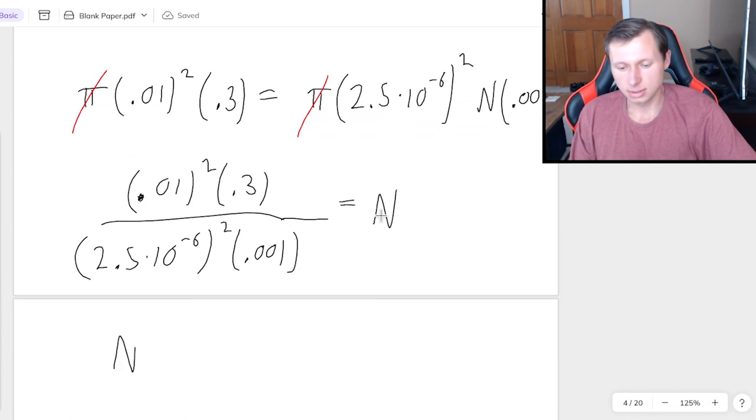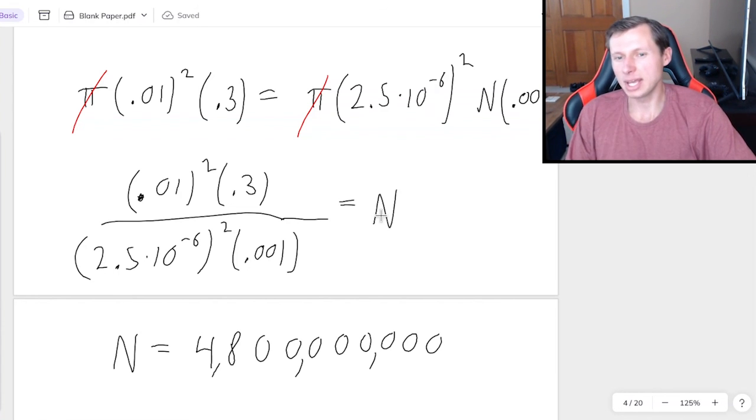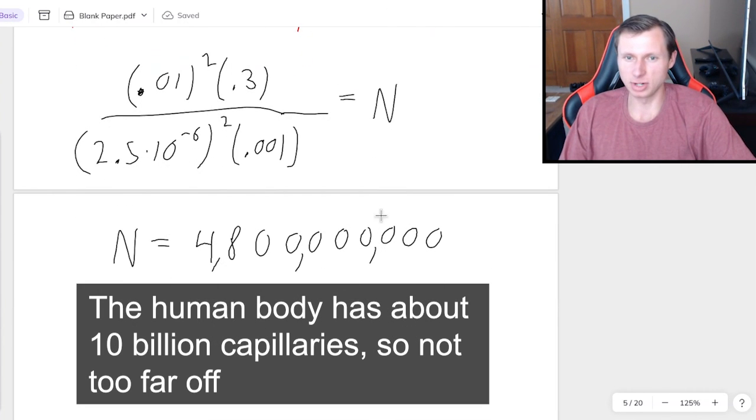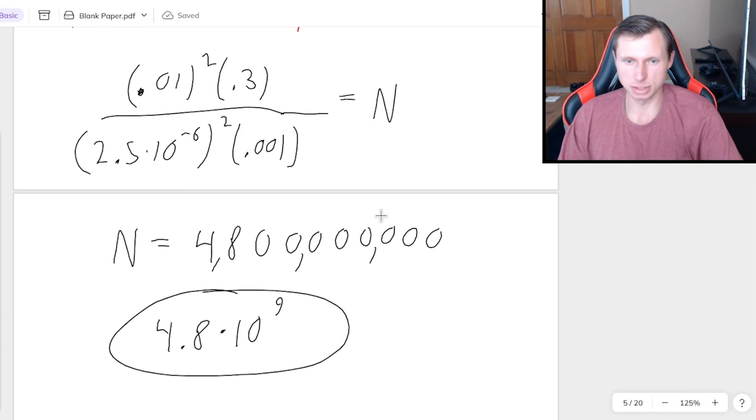And we'll get, holy crap, this is a ginormous number, 4,800,000,000, which is 4.8 billion capillaries. I have no idea if this is accurate or not, but it doesn't matter. And if you want that in scientific notation, that's just 4.8 times 10 to the 9th, which looks much better.